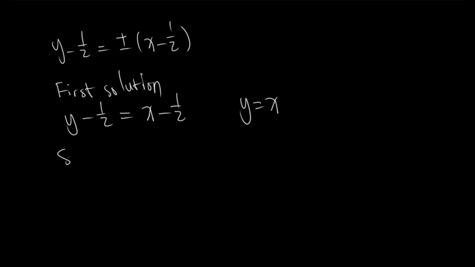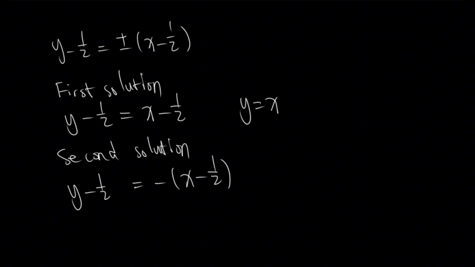The second solution is y minus a half equals negative bracket x minus a half. So we open the bracket. Y minus a half is equal to minus x plus a half. Then we rearrange the expression to y is equal to minus x plus 1.